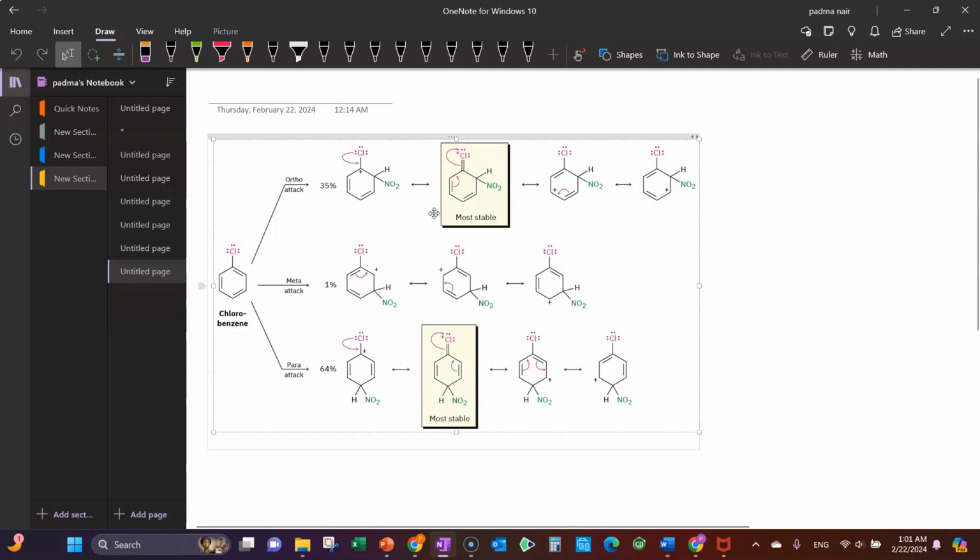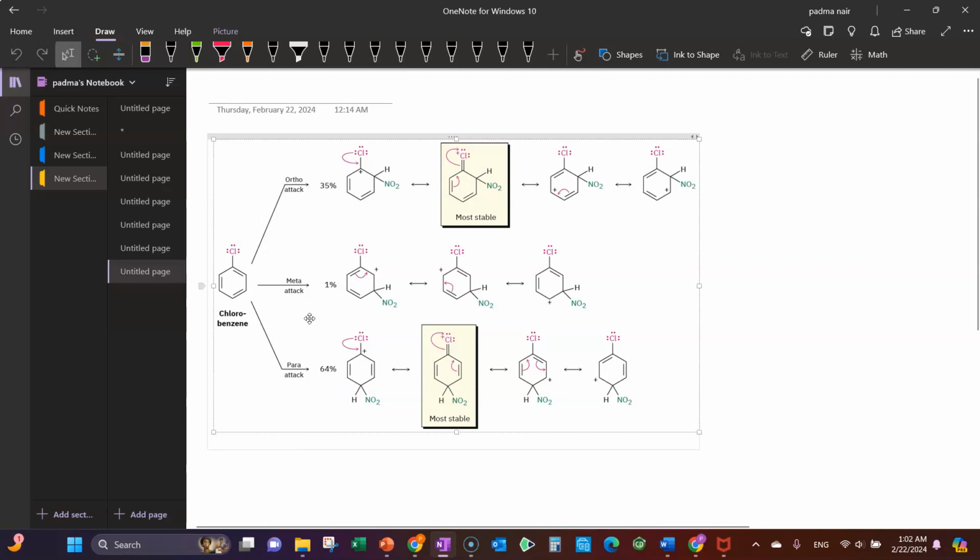So comparatively, it should be preferring the ortho or para position because of the extra stable resonance structure that is available. So that is why halogens are ortho and para directors, even though they are deactivators. Okay, so I hope this makes sense about the directing effects.